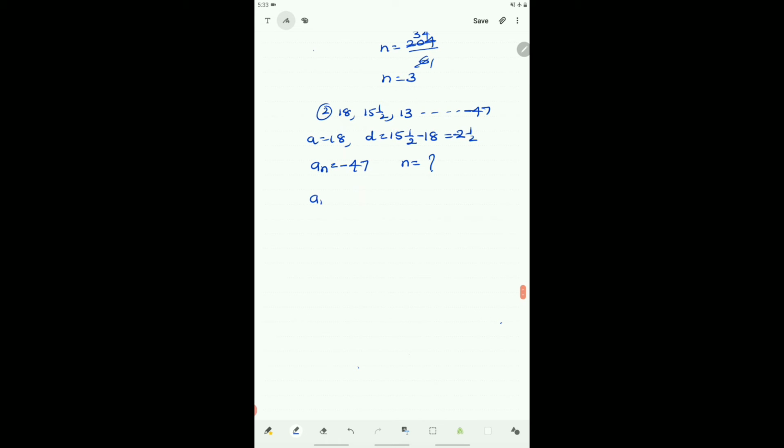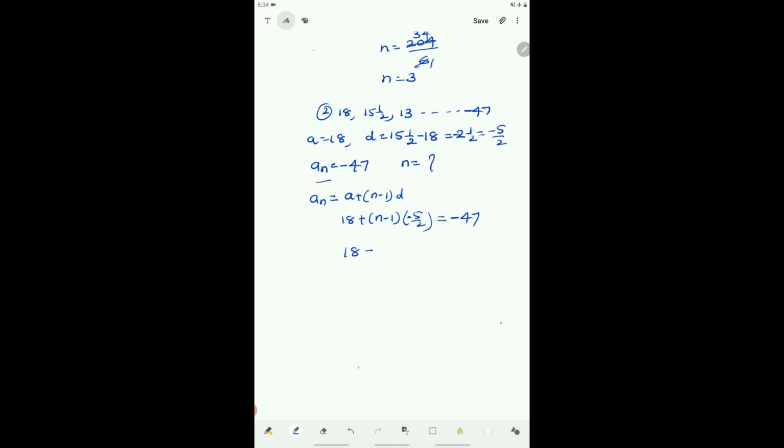Write the formula for an. an = a + (n minus 1) into d. a is 18 plus (n minus 1). d is minus 2 1 by 2. Convert this into an improper fraction, that is minus 5 by 2. So d is minus 5 by 2, and an is minus 47.